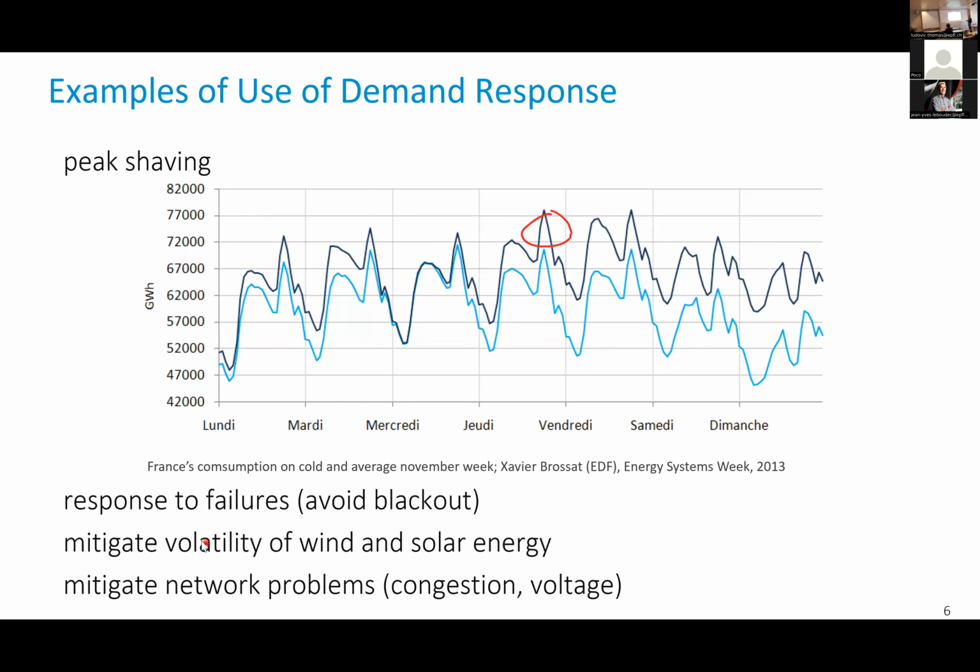And of course, all of this is exacerbated with wind and solar energy. All energies that are stochastic make things worse because the disturbance is failures in the case I mentioned. The disturbance in the case of wind and solar energy is the forecast error. For solar energy, it can be kept small.